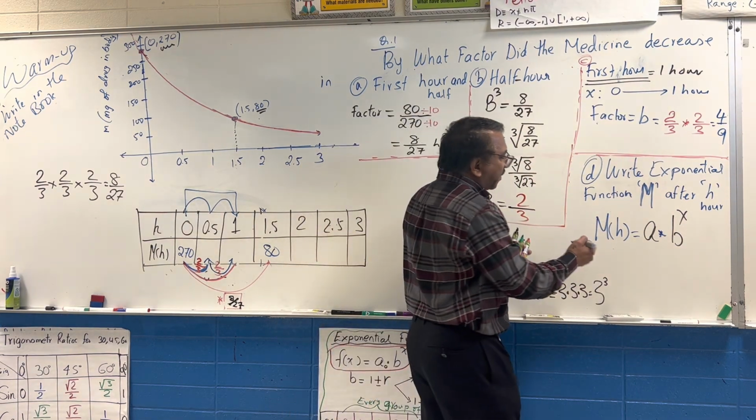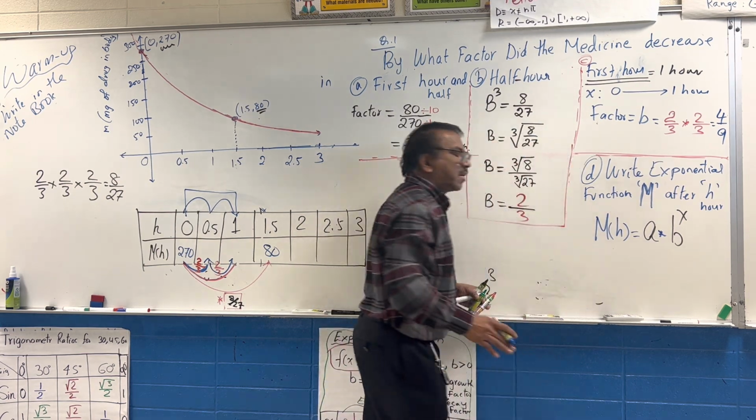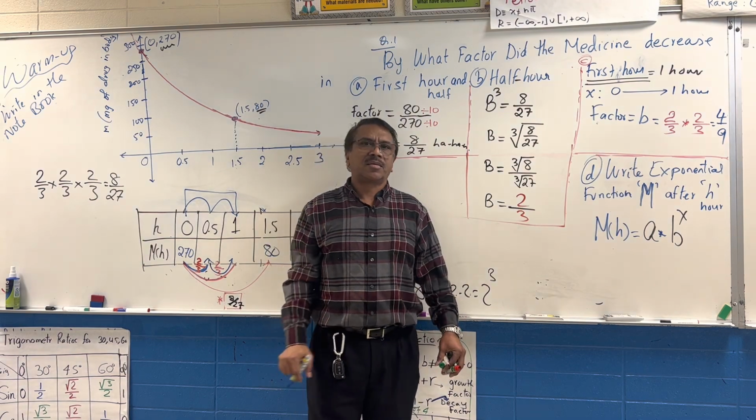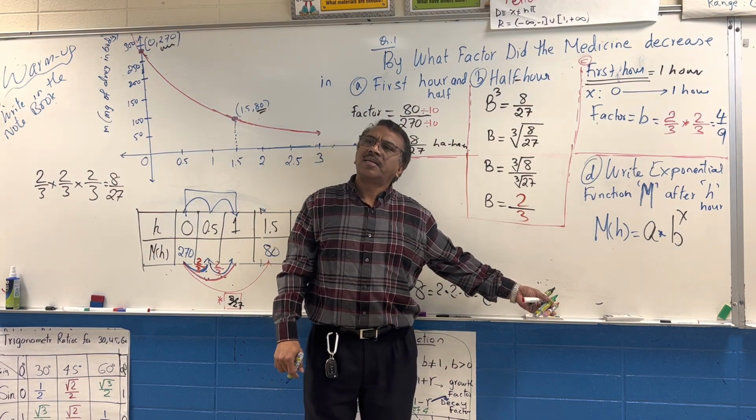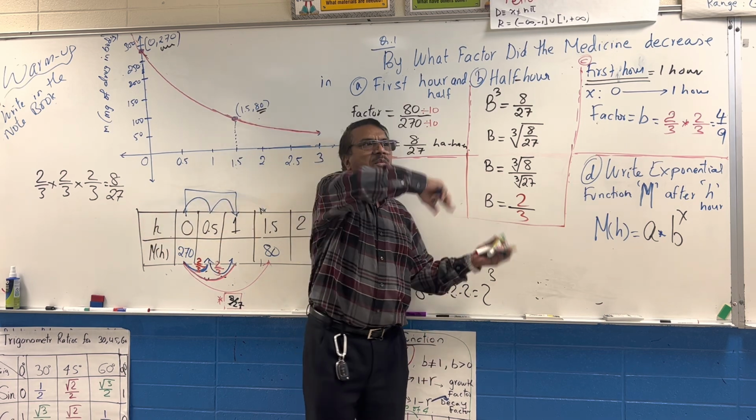And now comes your formula, the last part. The last part is creating the exponential function. My question in the beginning was, why the heck do we even have to learn this? You can see how nicely we can model this real world application into an exponential function.